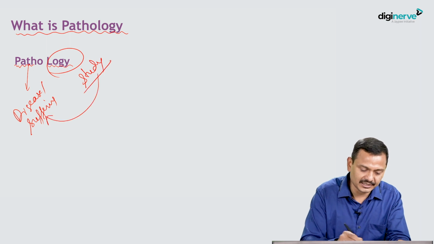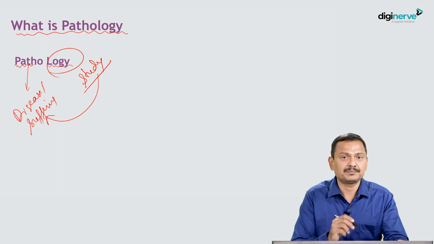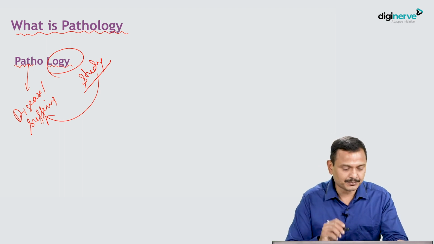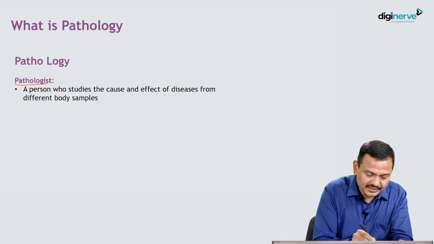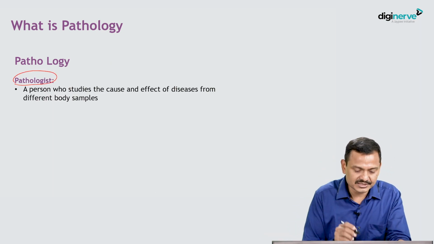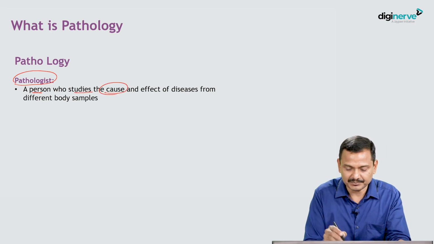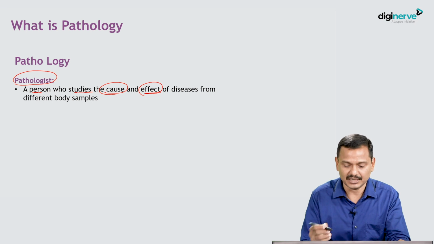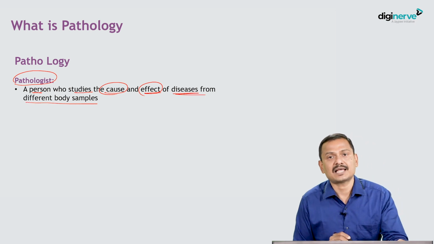So the study of diseases is called pathology, and the person who studies this process is called a pathologist, a person who studies the cause, why it happened, and the effect, what will be the outcome of diseases from different body samples.